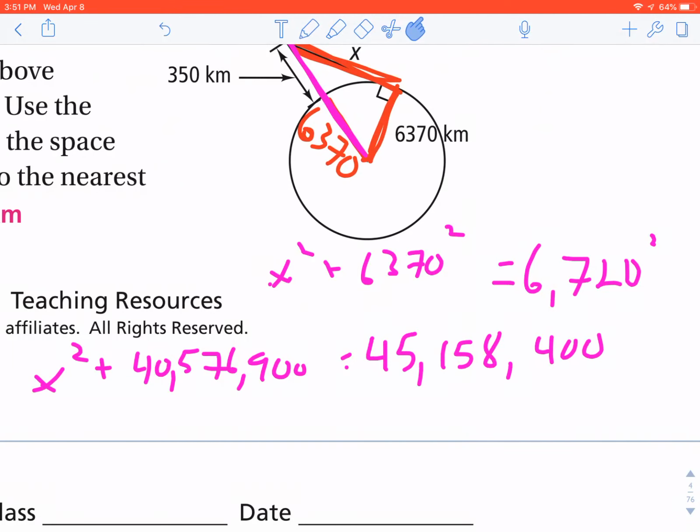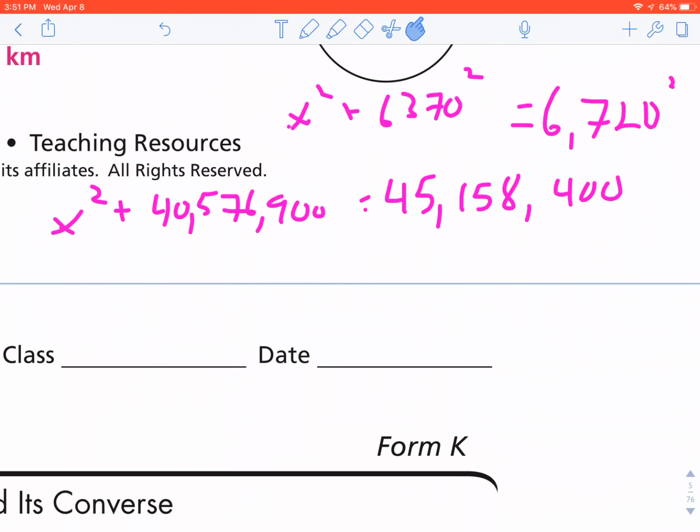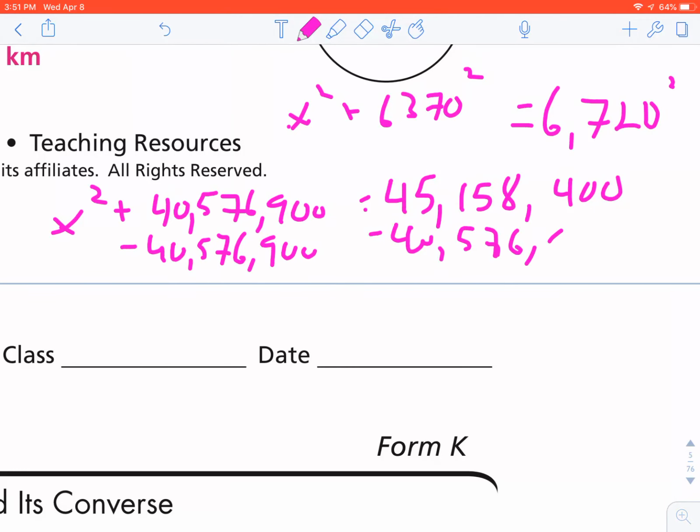Okay? Now you want to minus, if I don't run out of room here, your 40 mil from both sides. When you do that, you get x squared is equal to 4,581,500.